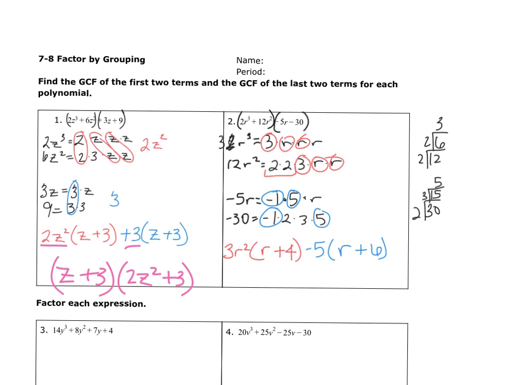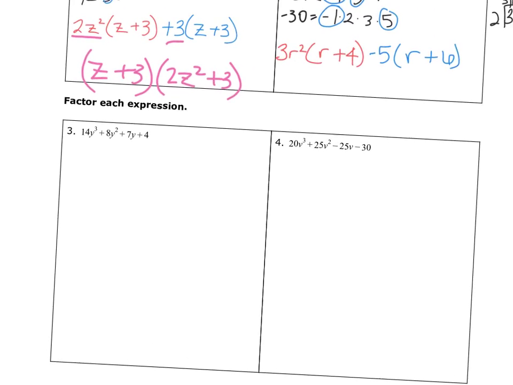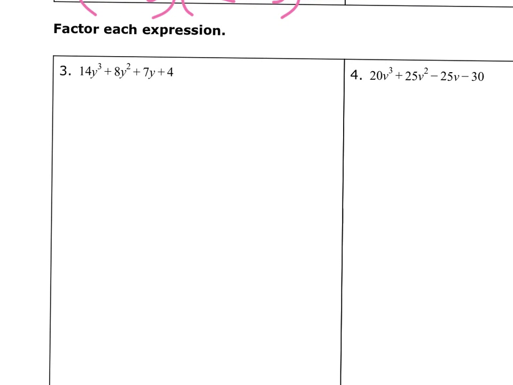All right, so let's take number 3 a step further and see if we can factor it completely using grouping. We're going to factor by grouping. You ready? All right. So the idea is we're going to group the first two, group the last 2 terms.